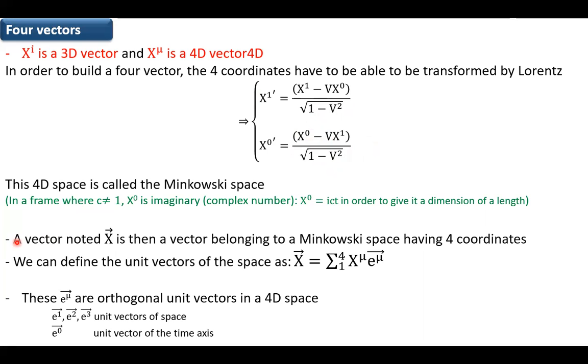So this is the new notation of the Lorentz transformation. This type of space is called Minkowski space, after the mathematician Hermann Minkowski, who defined multi-dimensional spaces. He was not a physicist, so he didn't really care about relativity and the special theory of relativity. He just defined spaces with n dimensions, and n could take any value from 0 to infinity.